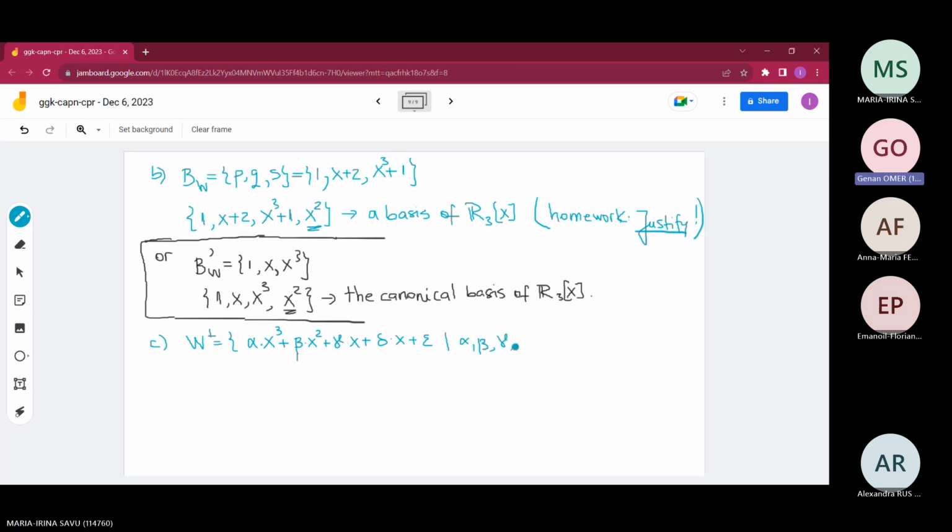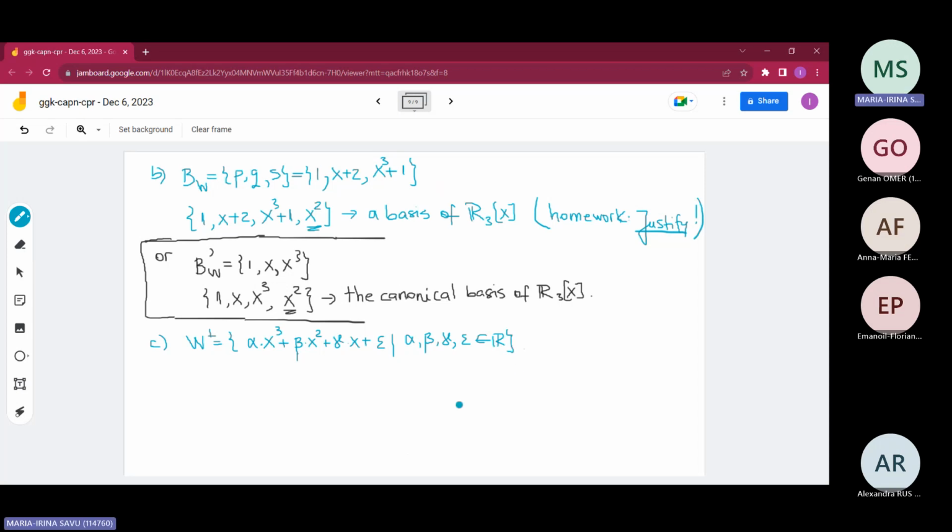Sorry, I'm thinking again about R4. Initially, I was thinking about an example with R4, and this is why in my mind the polynomial must have five coefficients instead of four. Okay, let's say epsilon instead of delta. So I have alpha, beta, gamma, epsilon in R.